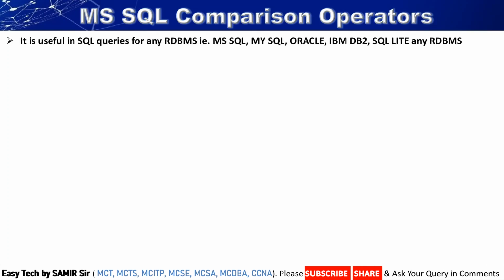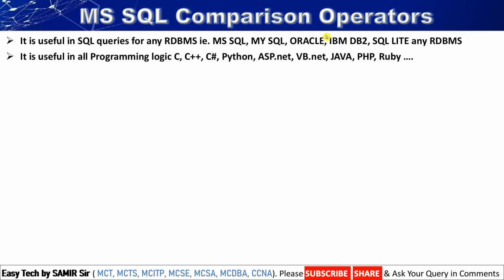These comparison operators are useful in almost all SQL queries in any RDBMS, whether you use Microsoft SQL Server, MySQL, Oracle, IBM DB2, SQLite, or any RDBMS. They are also used in programming logic. Whenever we want to check any programming condition, these comparison operators are used 100%.